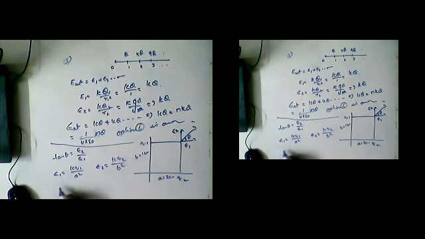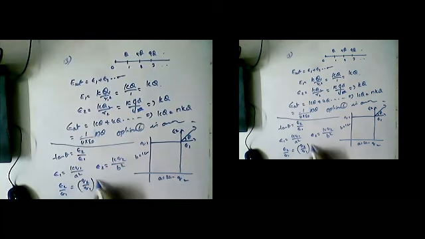So we can write E2 by E1 as Q2 by Q1 into A by B whole square.